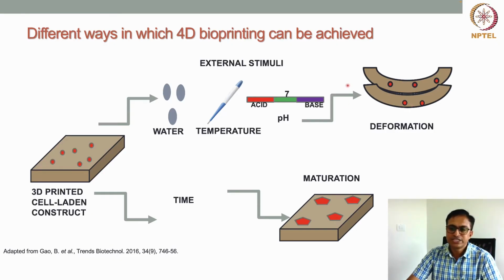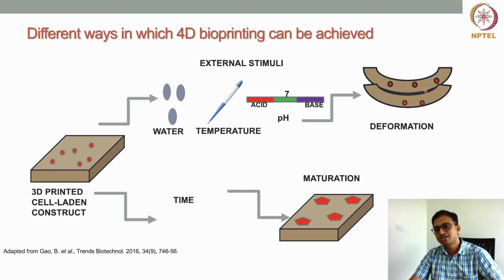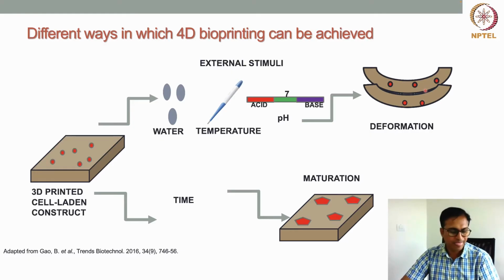Suppose if I then change the temperature of the structure, one particular material will respond to the stimulus and the other material will not respond to that stimulus in the same way. So what can we get? We can get the expansion or contraction of that material, and if it depends on the temperature, there can also be a bending of the structure.